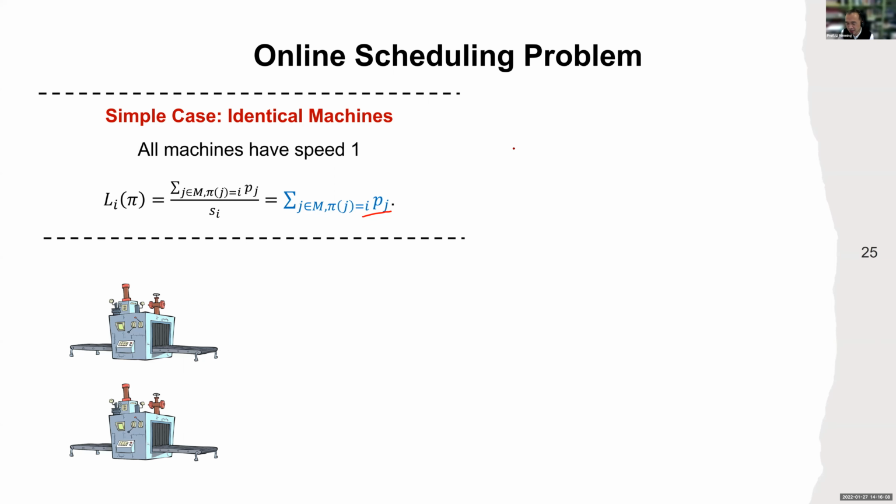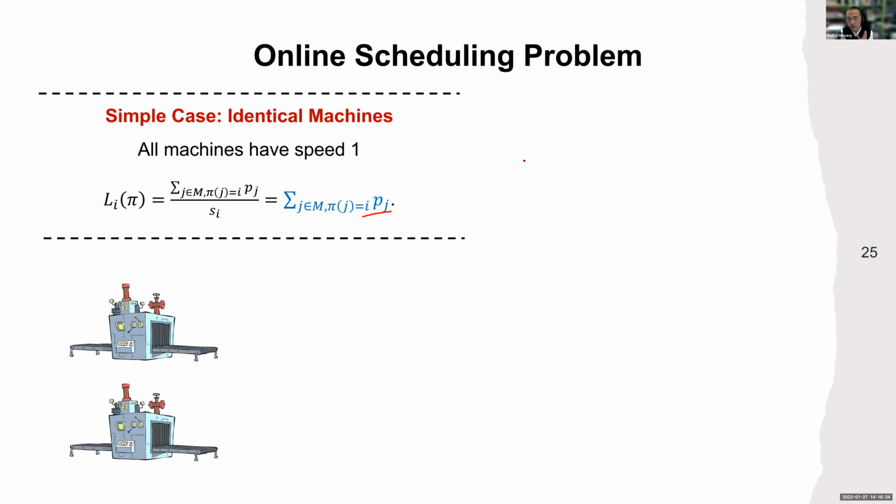Usually online says that when your time moves on, you see more and more jobs. But that means you can only process those jobs after they arrive, or after some time. You cannot process them right away. Well, that's probably not so good.